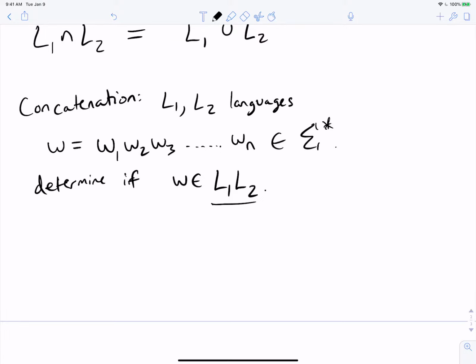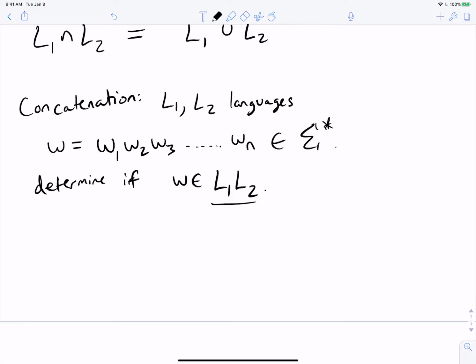Right, so we have every string from L1 concatenated with some other string in L2. Just pick any old string out of L1, pick any old string out of L2, and concatenate them together in that order. Okay?